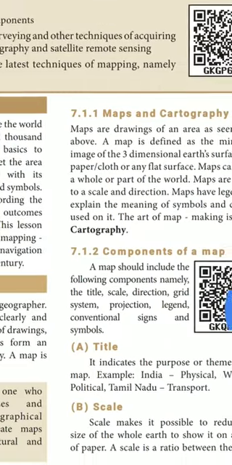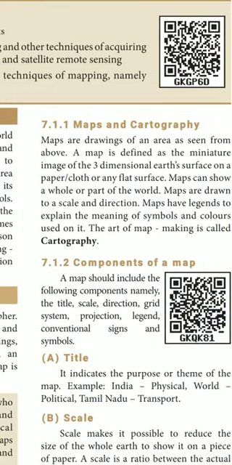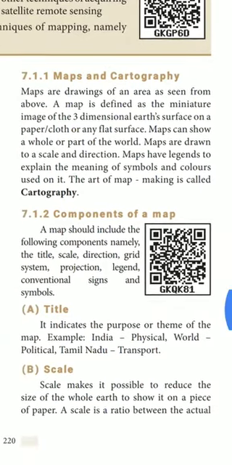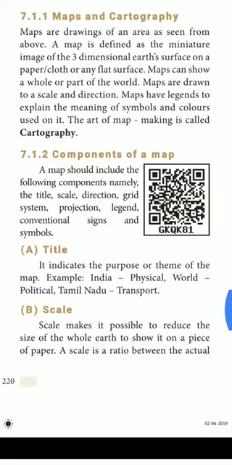Okay students, next one, maps and cartography. Maps are drawings of an area as seen from above. What is that a map? Map is also a miniature picture. What is the meaning of miniature? Small picture, isn't it? Image of three-dimensional earth surface on a paper or cloth or any flat surface.